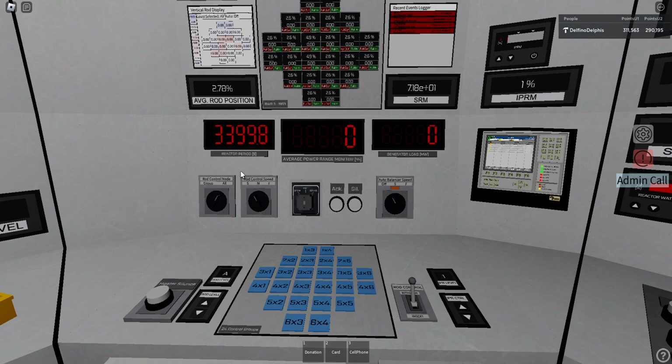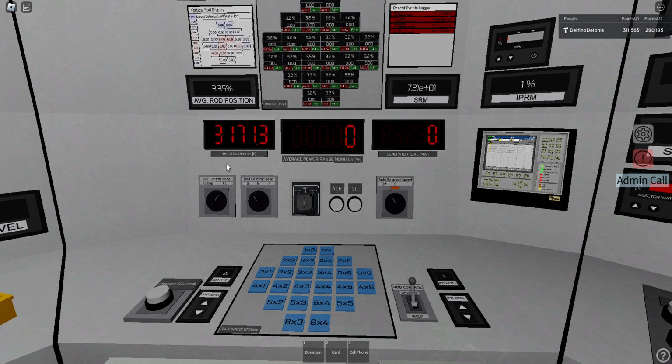So if it's at infinity or a very large number, the reactor is stable. When the number is low, the reactor will be gaining power quickly.